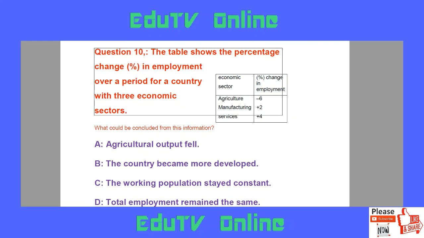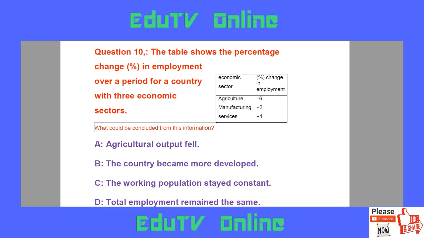Question 10. The table shows the percentage change in employment over a period for a country with 3 economic sectors. Economic sector: agriculture, -6. Manufacturing, +2. Services, +4.